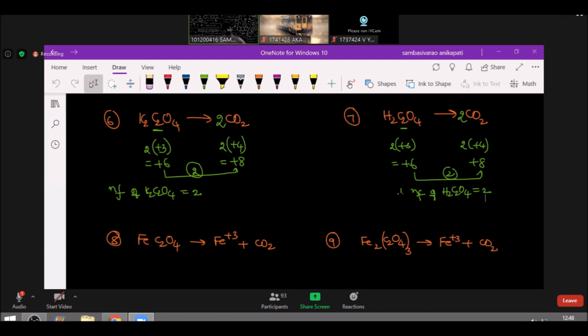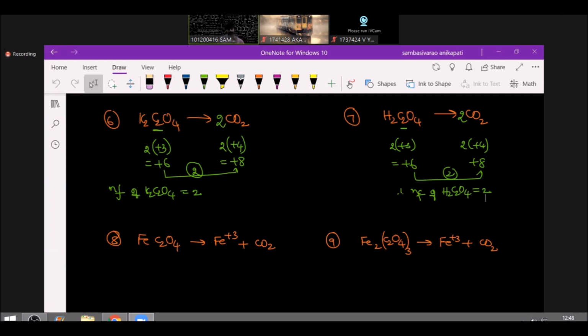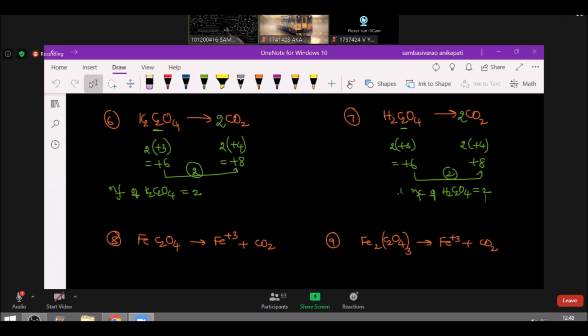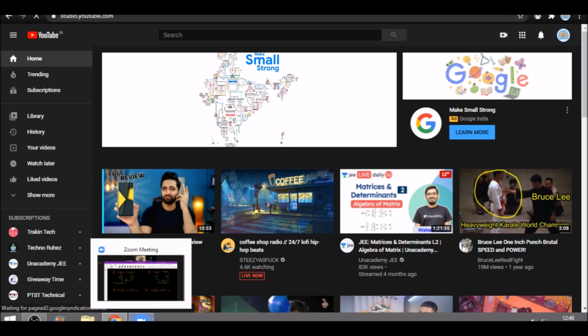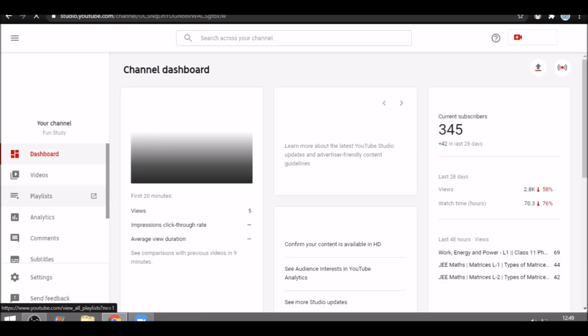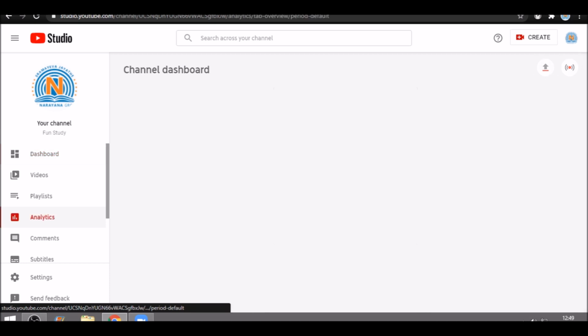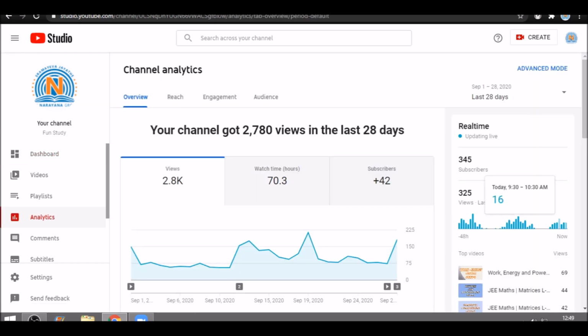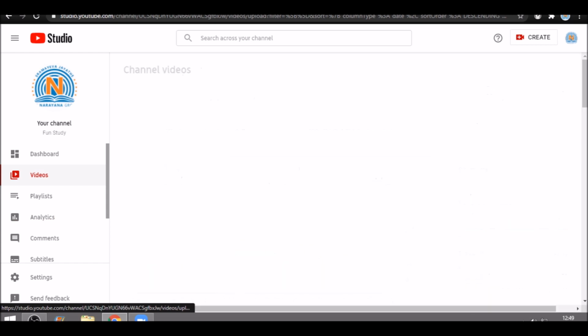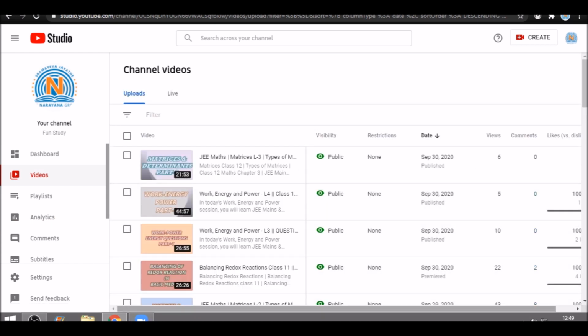So anyone can say the answer. If only one element is undergoing oxidation or one element is undergoing reduction, yes, we have an idea. But if they give different logics, how do we crack them? You have to get it.